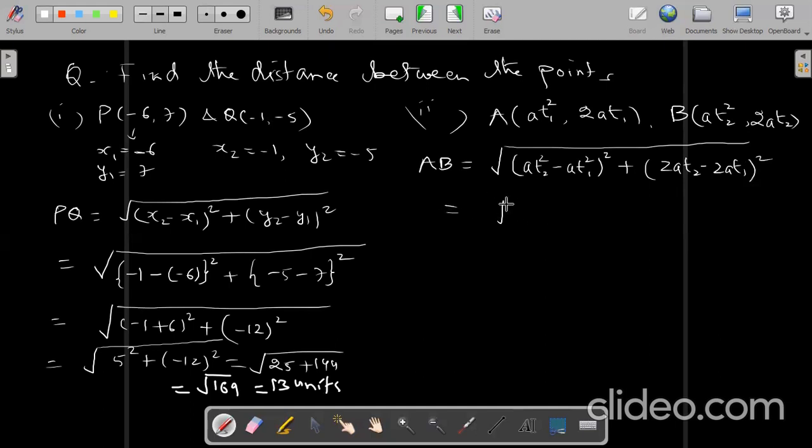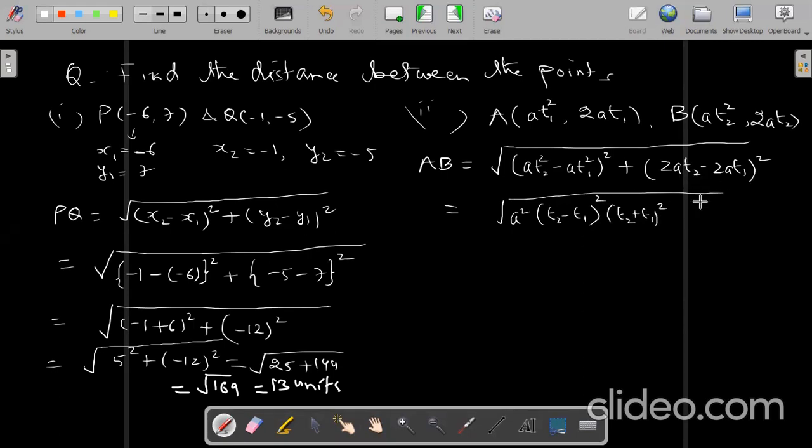Then you can take the common a. It will become a square, and this will be t2 square minus t1 square, which can be written as (t2 minus t1)(t2 plus t1). I have used the a square minus b square formula, and then put a square.